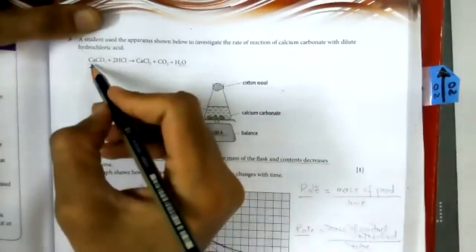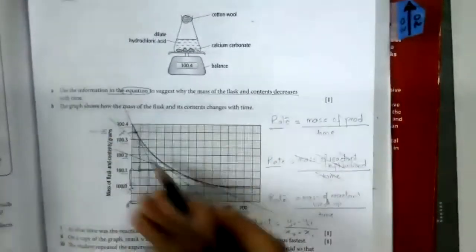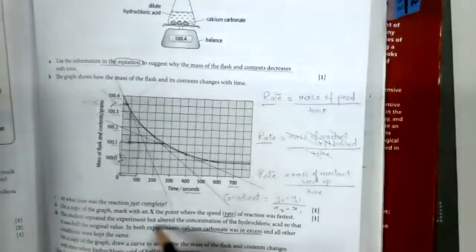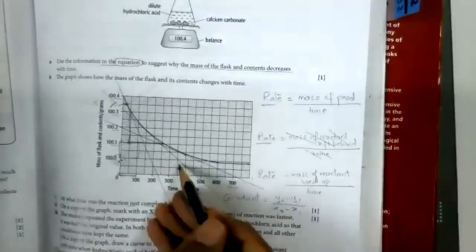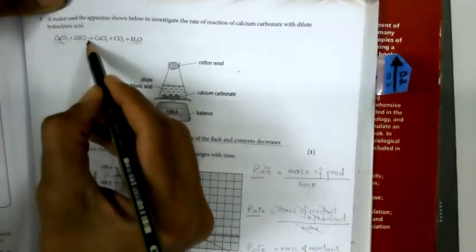So calcium carbonate is in excess in both the reactions, in the reaction, the graph of which is drawn already, and in the new reaction in which the concentration of hydrochloric acid has been halved. In both the calcium carbonate is in excess. That means no need to worry about calcium carbonate, just concentrate on hydrochloric acid.